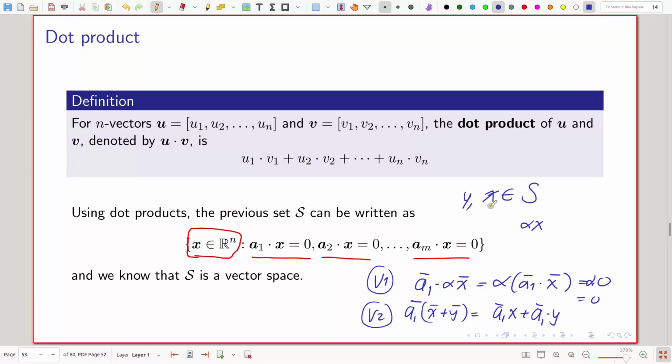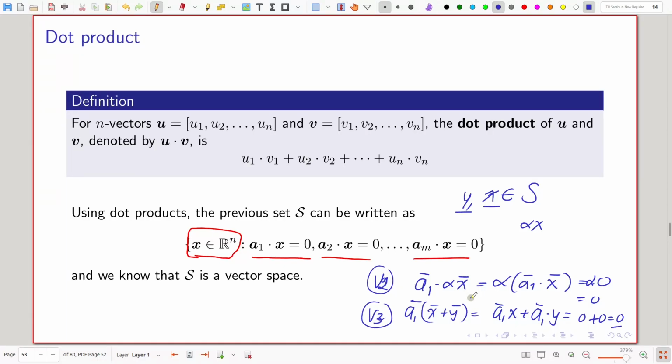But I know that x is a solution and y is also a solution, so it's 0 plus 0, which is 0. So if I have solutions to this set of linear equations, I can scale one and the result is also a solution. I can take two solutions and add them up, and the result is also a solution. So the set of all possible solutions is a vector space.